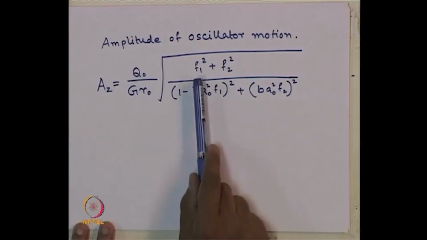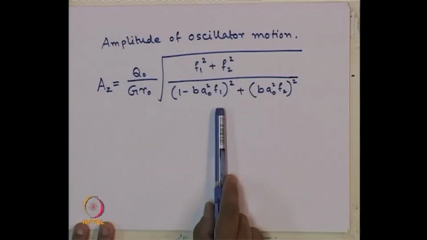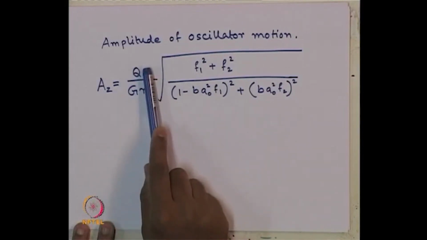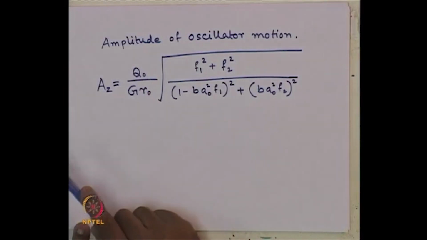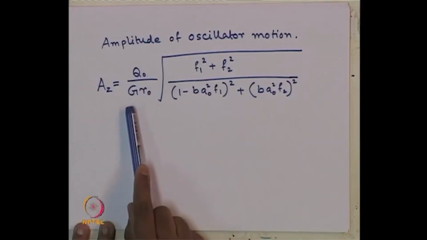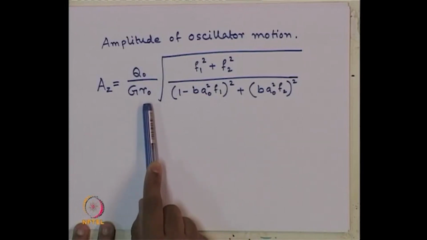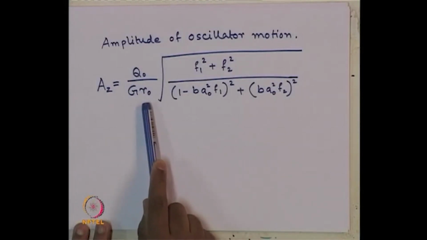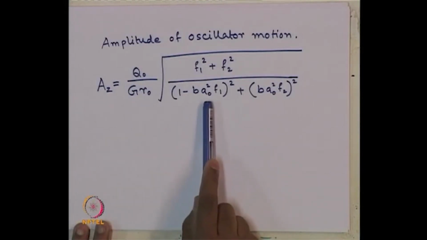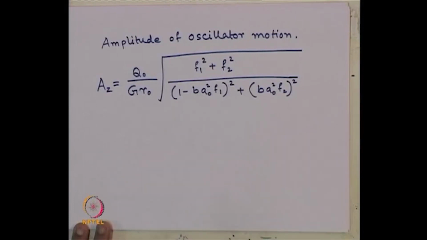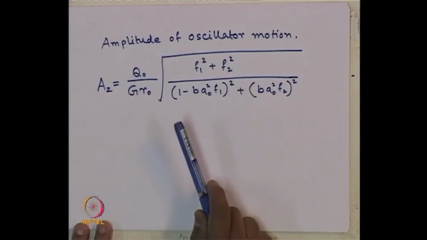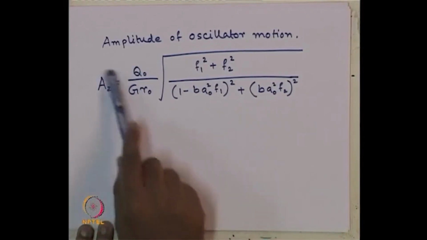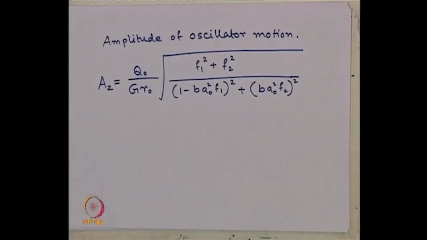So, once we know this f 1 and f 2 from the design chart proposed by Reisner, q naught is known to us because it is supplied by the machine manufacturer, g r naught from the given soil property and the size of the foundation you are going to check, b and a naught you can calculate from the expressions of dimensionless frequency factor and mass ratio whatever we have discussed just now. So, A z can easily be obtained.